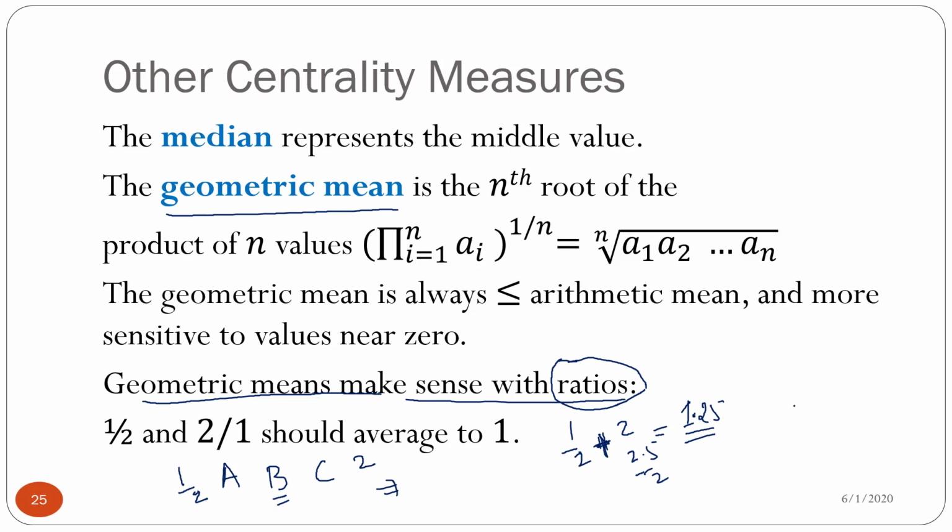If you do the geometric mean, 1 by 2 times 2 by 1, raised to the power 1 by 2, it is equal to 1. So when your data is ratio data, the geometric mean is more meaningful as a centrality measure.